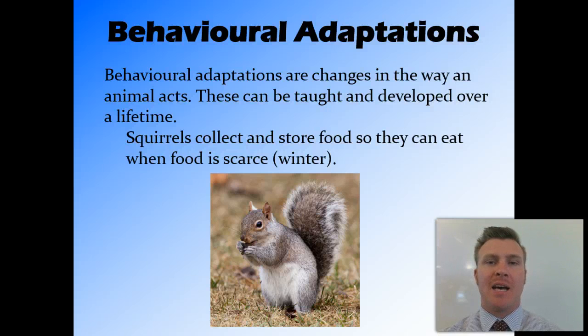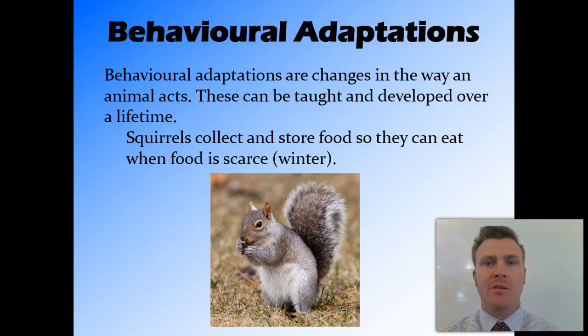The last type of adaptation is a behavioural adaptation. And this is an adaptation that either can be learned, so taught from parents, or it can be an innate behavioural adaptation. An example of this would be, again, when food is scarce in the winter.